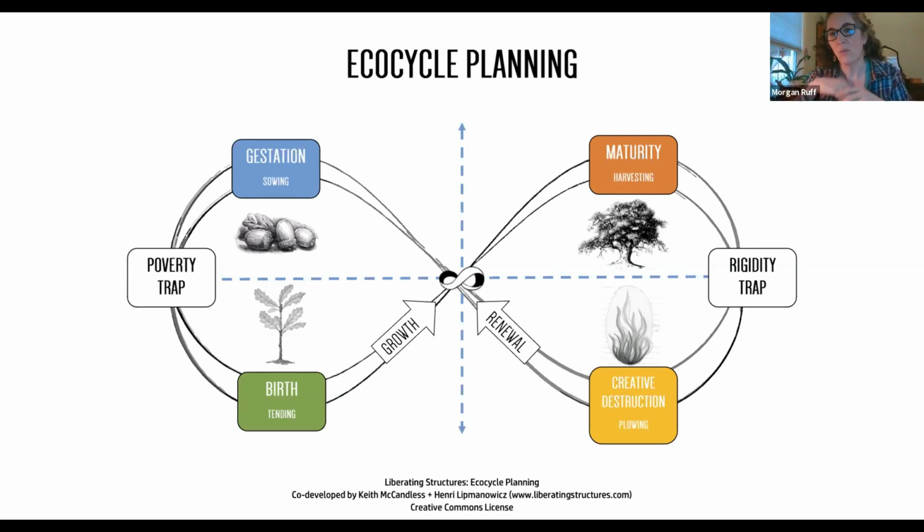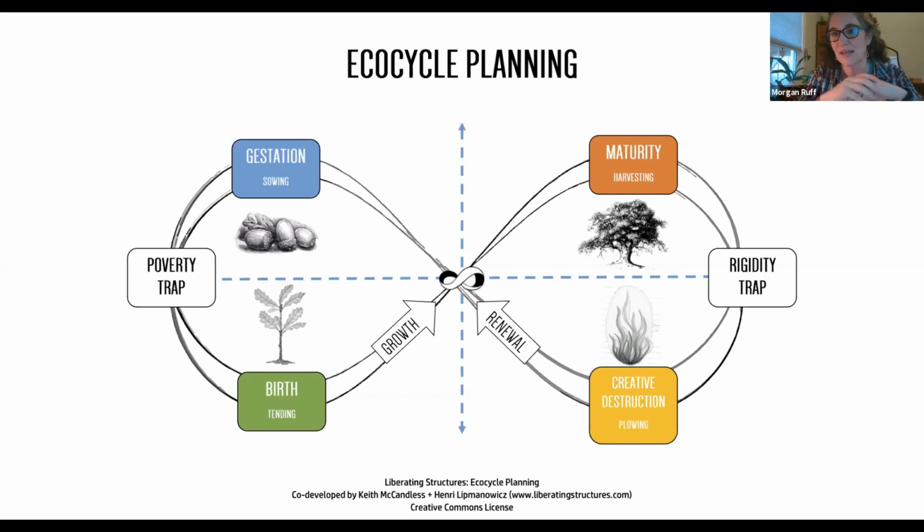So I wanted us to take the categories that we identified on our life wheel and think about where these categories are on the spectrum of the Ecocycle. So for example, for me, I would say my day-to-day work, my job, is here in the maturity section. But my satisfaction, the way I feel about it, is like a 2 on my scale.